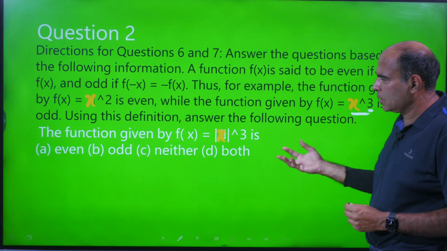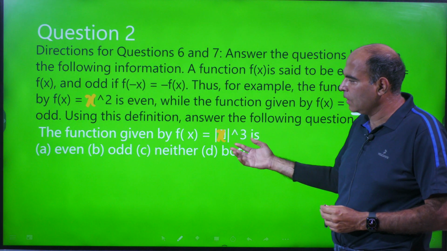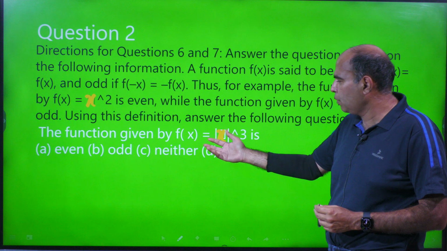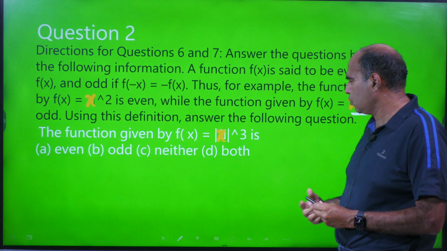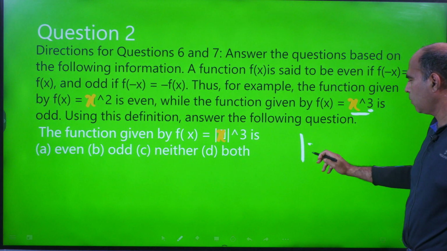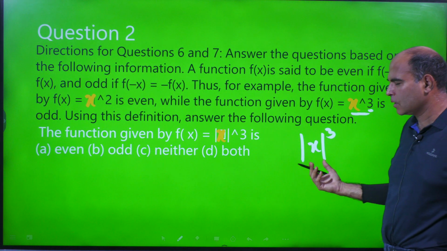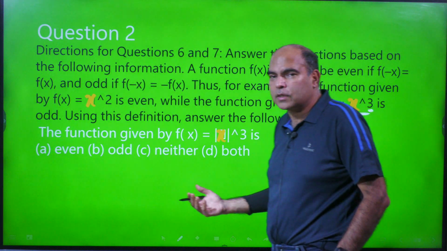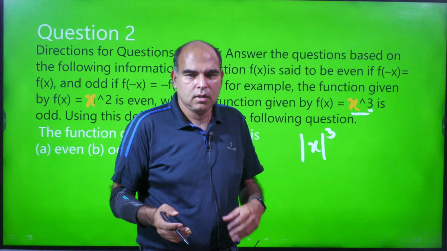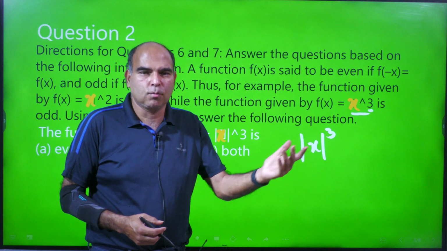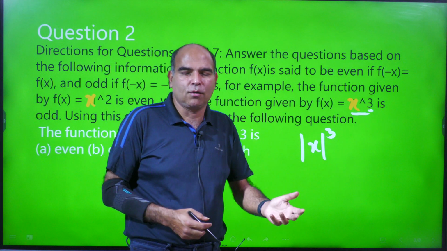So based on this understanding, they're asking me to find out mod x cube. So what is the mod x cube function? Is it even or odd? All you have to do is see what happens to mod x cube when you change the value of x from, let's say, 2 to -2, from a positive value to a negative value of x.